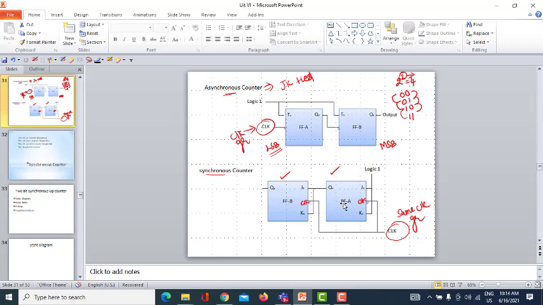Whereas in your asynchronous counter, it has to wait because the second flip-flop, though you are giving input to the second flip-flop, has to wait for the first output. Only if the clock input is available will your second flip-flop respond. So, there will be a time delay. We cannot judge what the time can be. Hence, it is said to be the asynchronous counter.